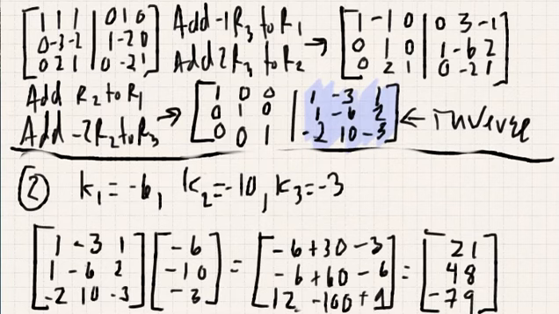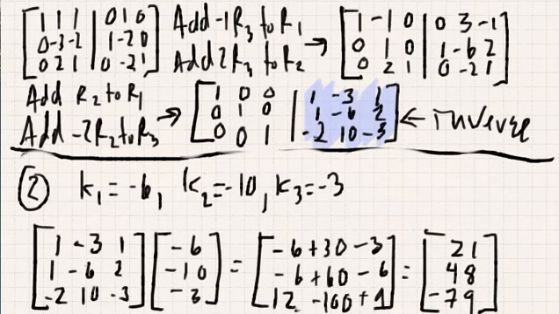So let's see. Yeah, I completely messed this up. Not entirely sure where I went wrong, but I totally got the wrong matrix inverse. That's what I get for trying to go through the matrix inverse calculation a little bit too quickly.